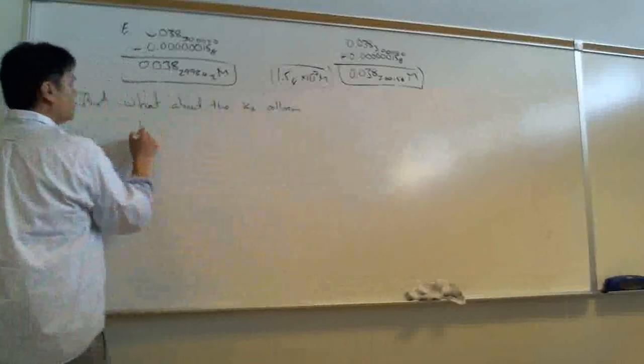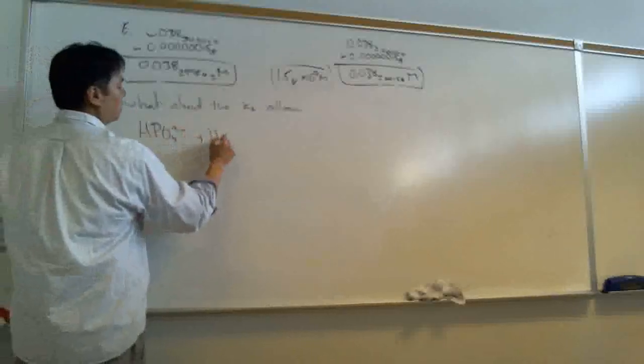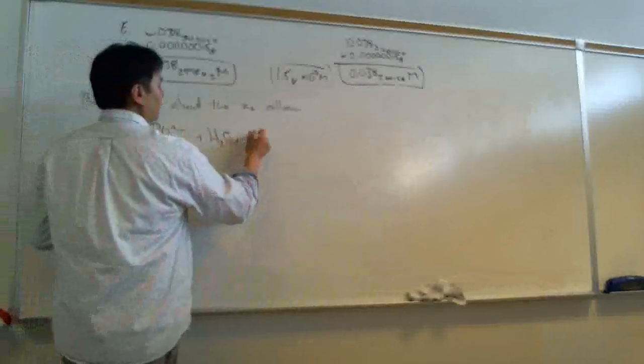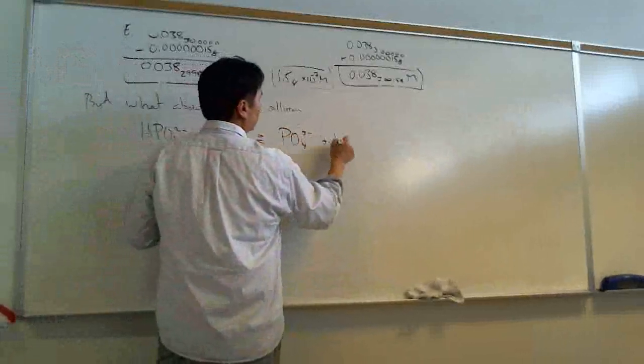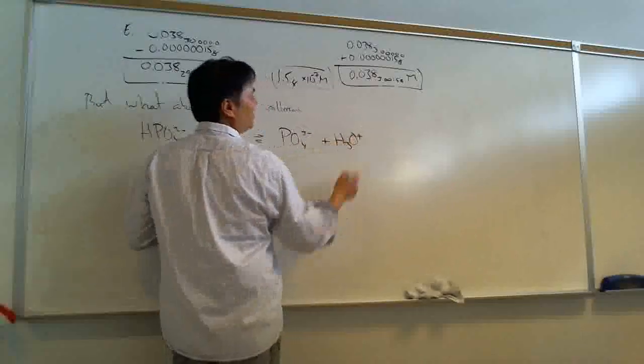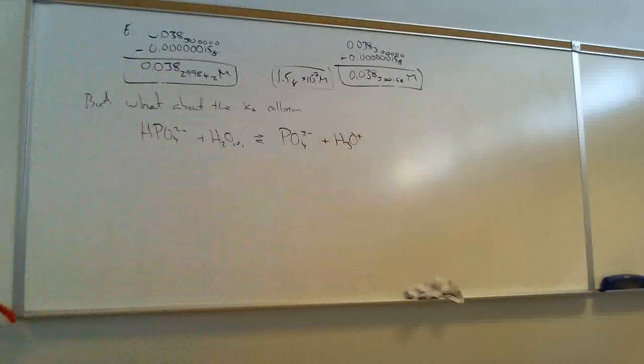The Ka collision was HPO4 2 minus plus water yielding phosphate plus hydronium. And so aren't we generating some hydronium? If we generate hydronium, that's going to change the hydroxide, isn't it?